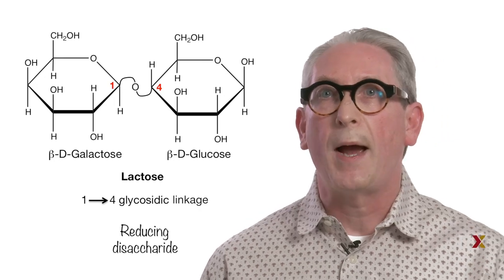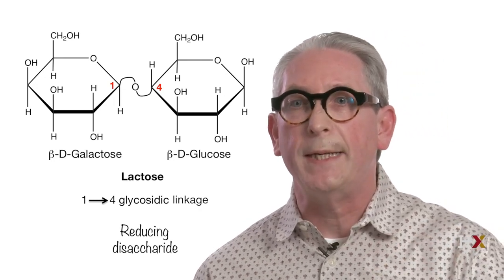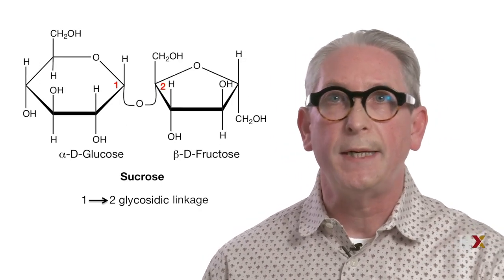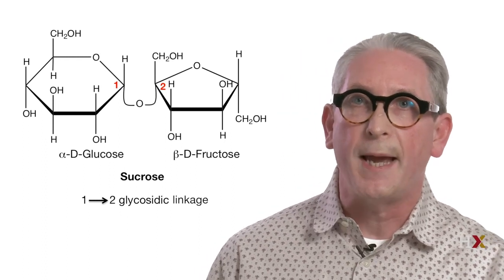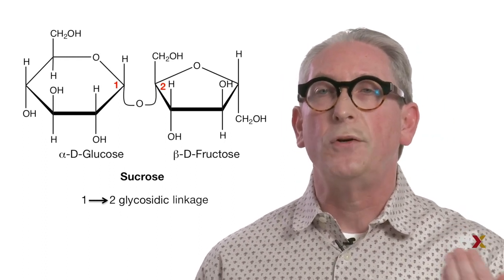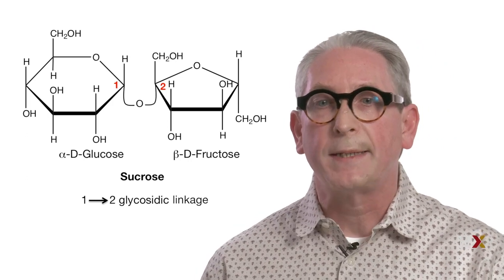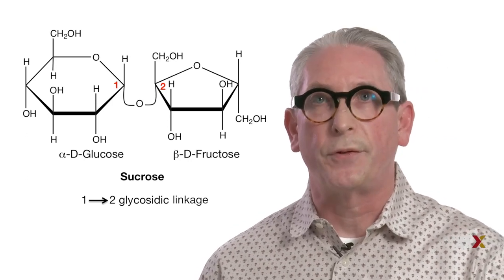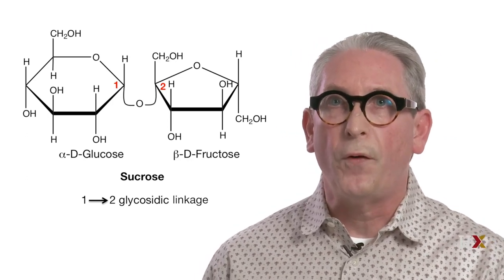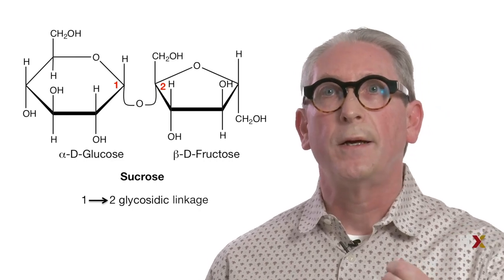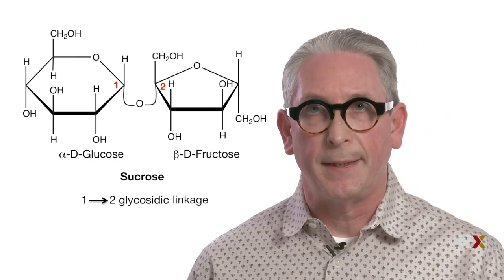Finally, we can also have a reaction between an aldose and a ketose. In our example, alpha-D-glucose reacts with beta-D-fructose to form a 1,2 glycosidic linkage.